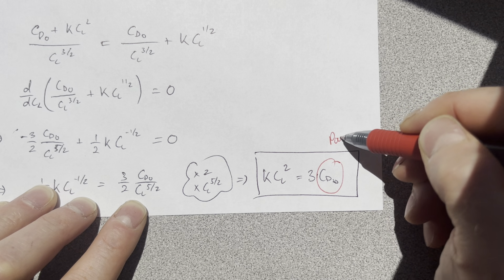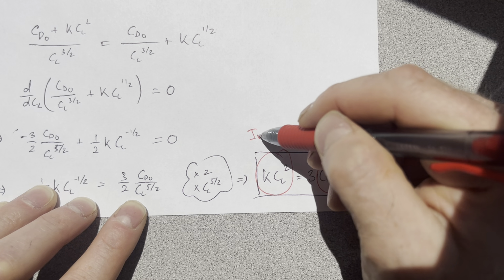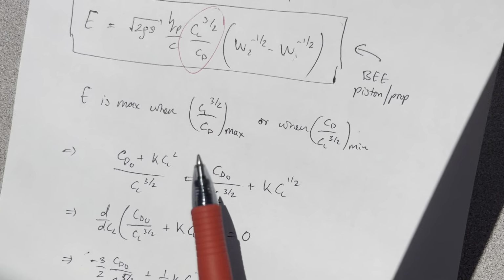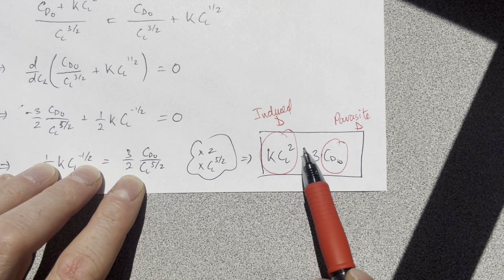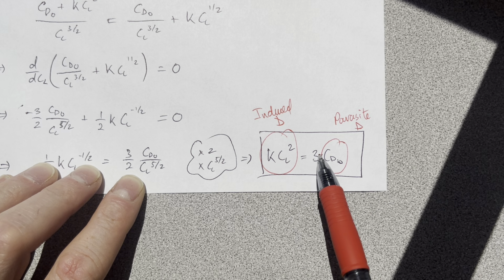This is parasite drag, this is induced drag. So to achieve maximum endurance is to attain the condition where induced drag is 3 times larger, because we have this factor of a 3 on the right side.